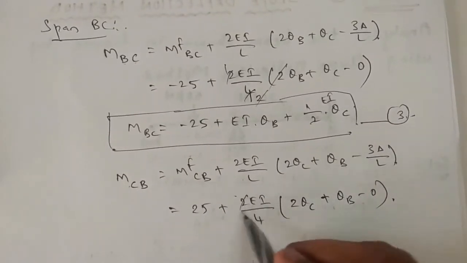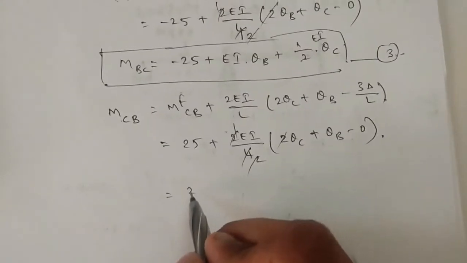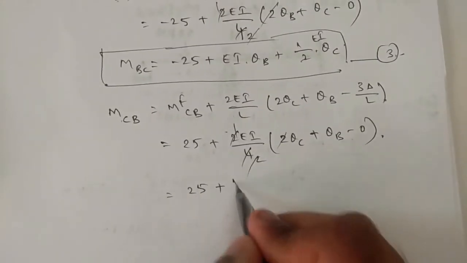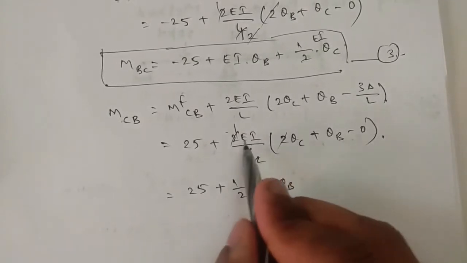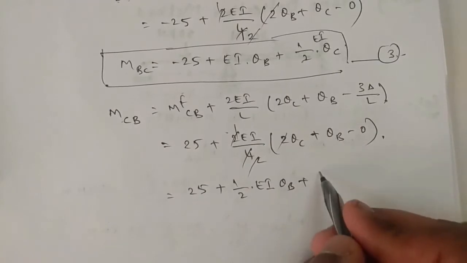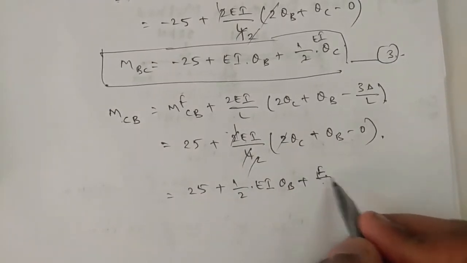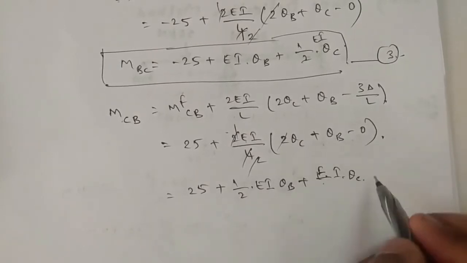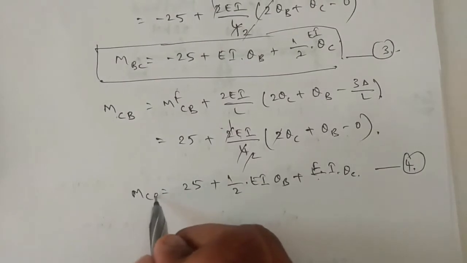Solve it. This gets cancelled. Simplify. 25 plus half EI into theta B plus EI into theta C. This will be my another equation number 4 for MCB.